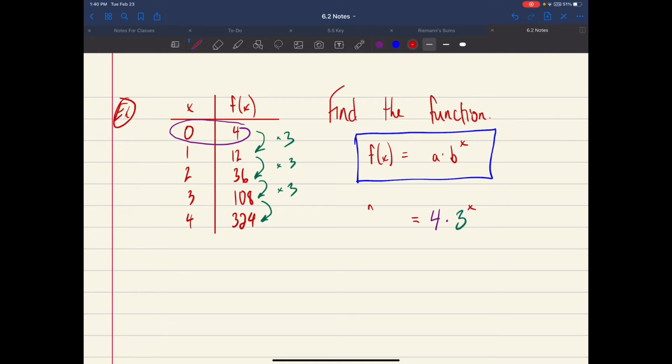And so the function f of x equals 4 times 3 to the x is what is represented by this table. So you're looking for two things. You're looking for your starting value, so when x is 0, what is f of x? And you're looking for the number that is multiplied to get the resulting y values.